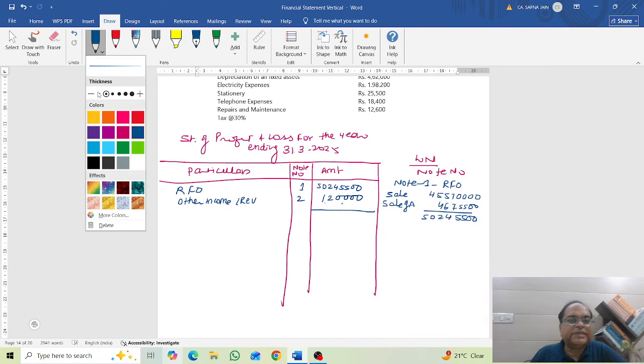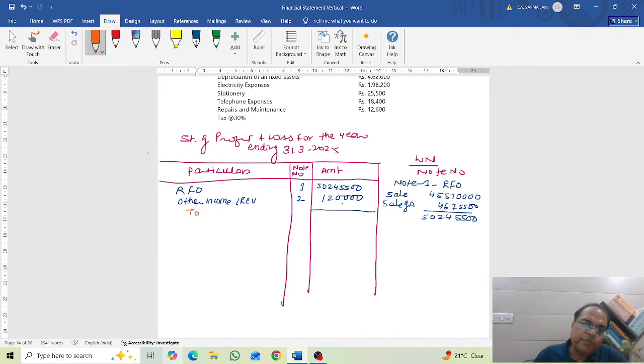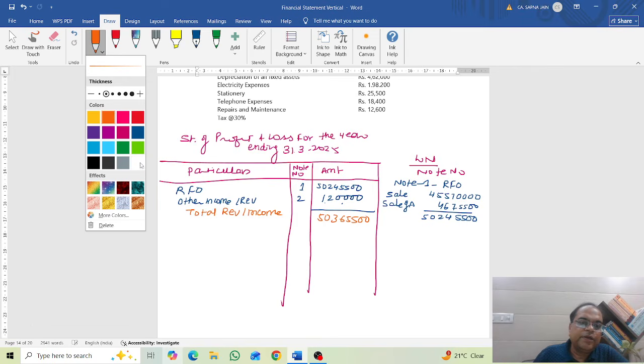Revenue from operation plus other revenue, both is called total revenue or total income. And this is 50365550. Clear? Now we will subtract the expenses.